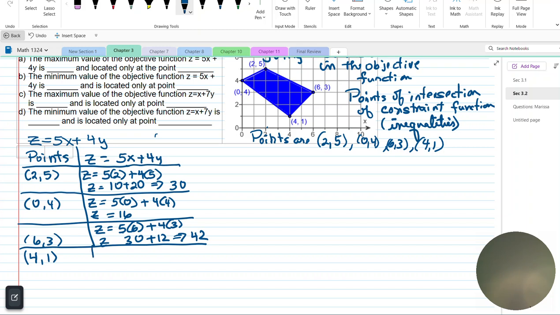Our last one, z equals 5 times 4 plus 4 times 1, so z equals 20 plus 4, 24.